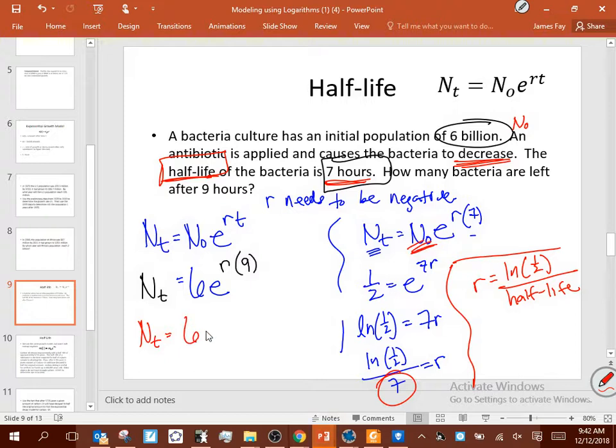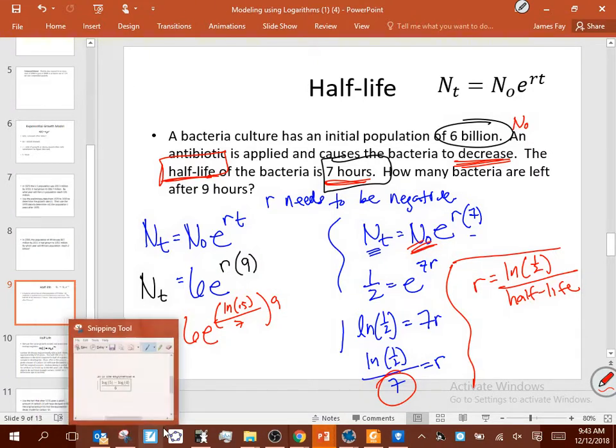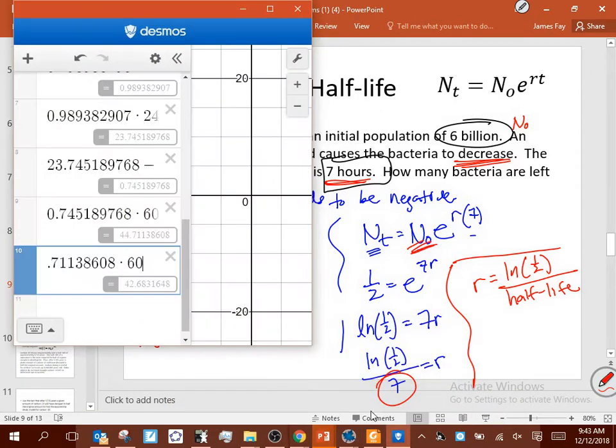If I have 6 billion bacteria, I apply this antibiotic, and I have now r to be that number, ln of 0.5 over 7, times 9 then. Is this my only variable left over then? All right, so let's type this in and see what we come up with.